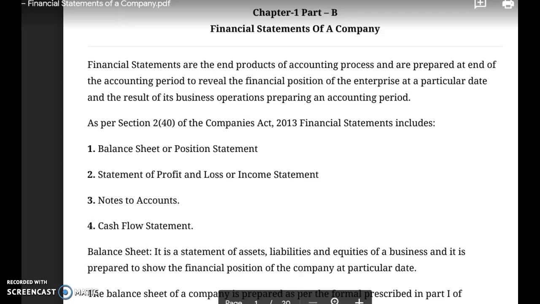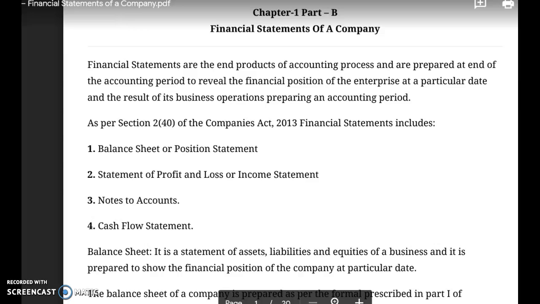Financial statements comprise all the statements which are prepared at the end of an accounting period or financial year and which show the financial position of an organization or enterprise at a particular date, that is, on the closing date. And it is the result of what? It is the result of its business operations which have been undertaken during that particular accounting year.